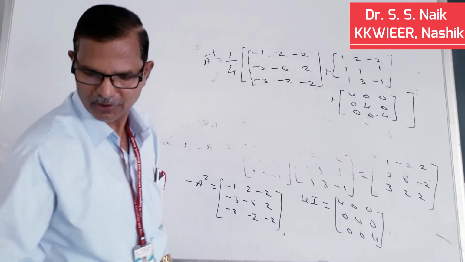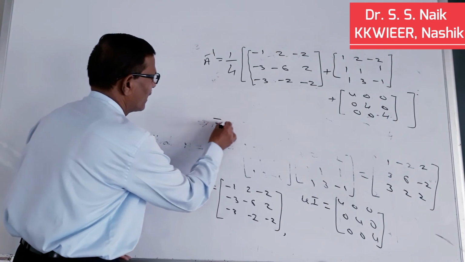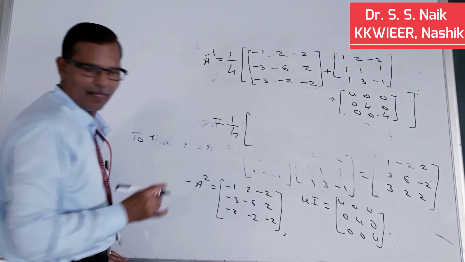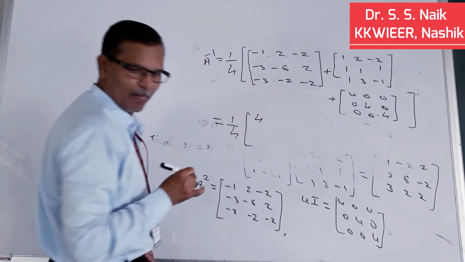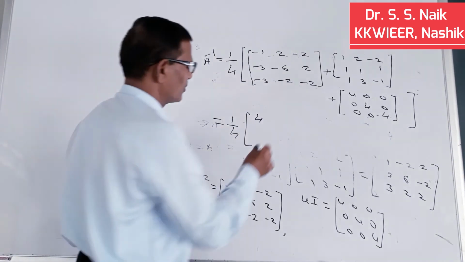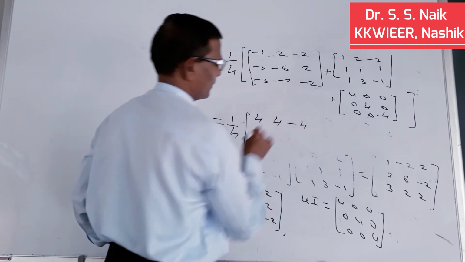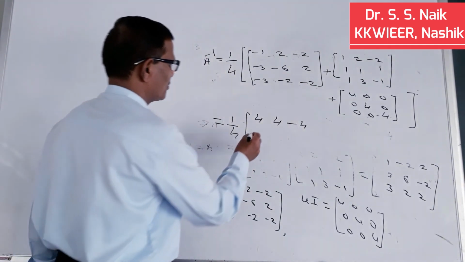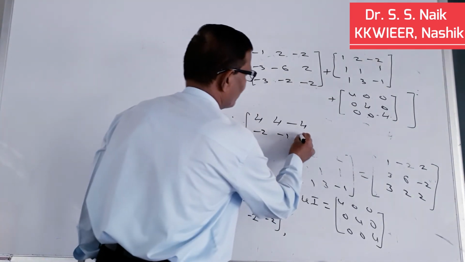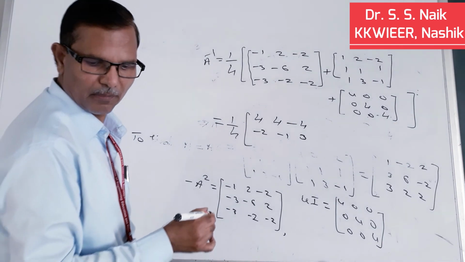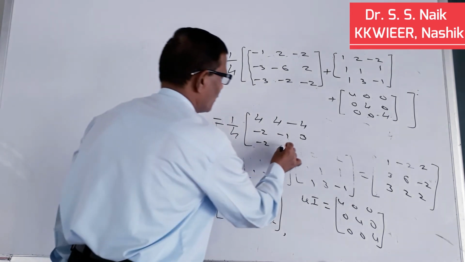So I write that as 1 by 4, and when you add the corresponding elements, that is equal to 4. Again the next element also becomes 4. The third element becomes minus 4. And then minus 2, minus 1, minus 2, minus 1, 3, and then minus 2, 1, 1, minus 2, 1, 1.